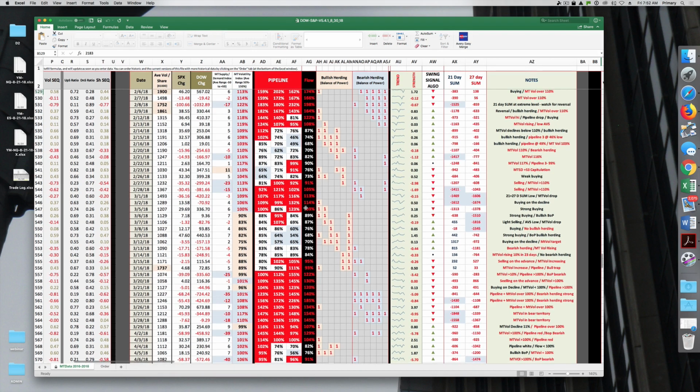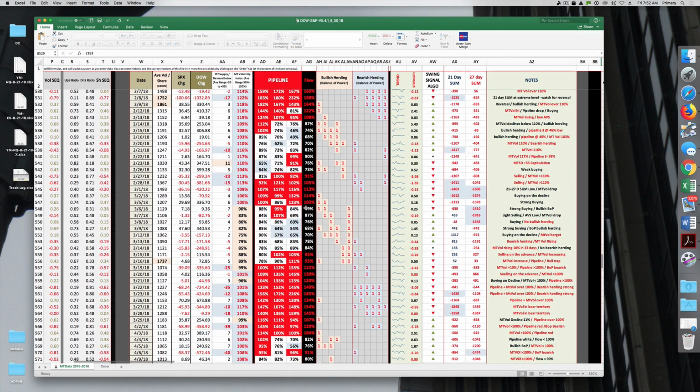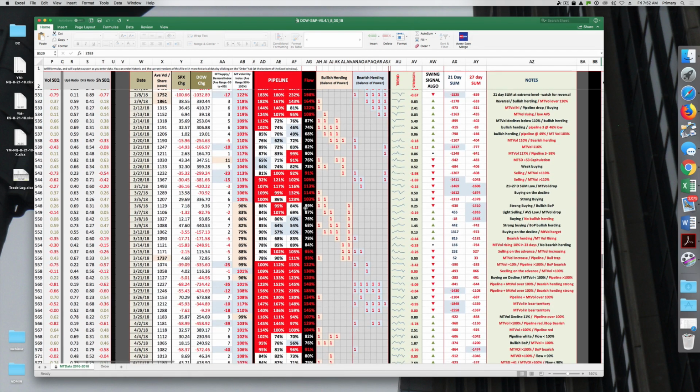And then the opposite is true when you want to exit a long position. You take a look at the third column of the pipeline and the flow. In this case, we had a difference here of approximately 14 points. This time, when the market is going down, the third column of the pipeline is going to be higher than the flow by about 15 to 18 points.